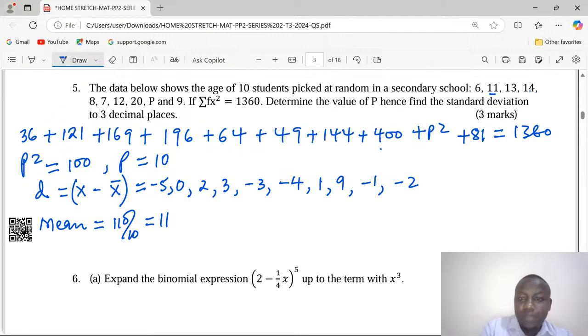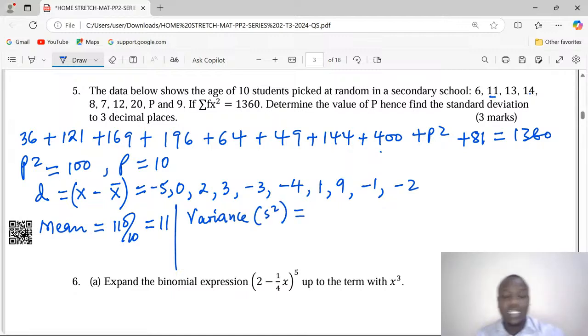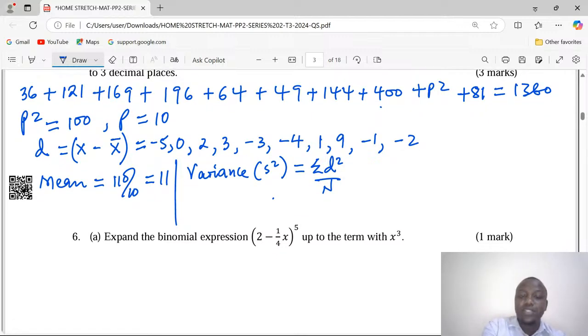Then now something called variance can be obtained. Variance is usually abbreviated s squared. For us to get variance, we need the summation of all the deviations squared out of the total number of items involved.